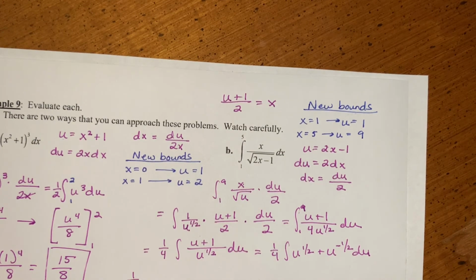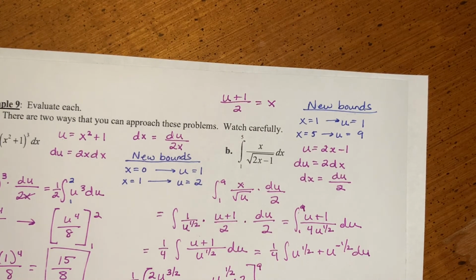So that becomes 1/4 times u to the 1/2 plus 1, or 1/2 plus 1 is u to the 3/2, divided by 3/2, which is like multiplying by 2 over 3, plus add 1 to this exponent, it's u to the positive 1/2, divided by 1/2, which is like multiplying by 2, from 1 to 9.